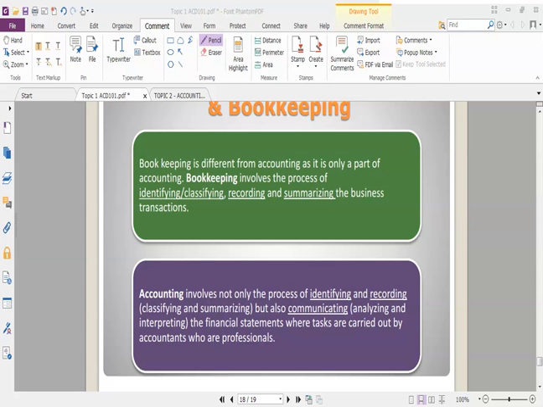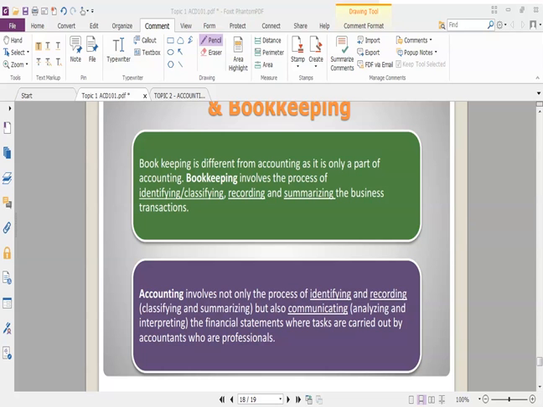Sorry, Ahmad, CA is chartered accountant, right? Okay, so that's why. After the company prepares the financial statement, it must be authorized by the chartered accountant. A chartered accountant is a person with a qualification in accounting, who studied in the accounting field.